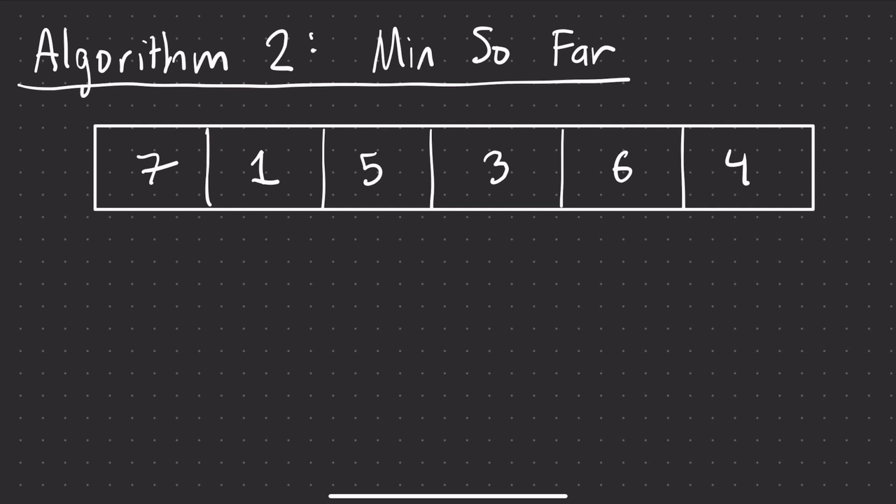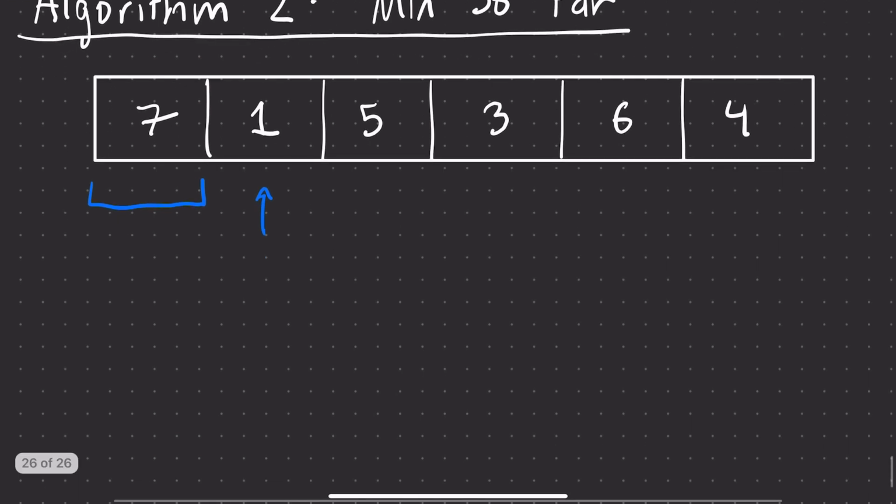Okay, so the reason that this is linear time is because we are updating our minimum value so far as we go. So we start at this value, and initially the minimum so far is just 7, right? And this doesn't make any profit. But now, when we move to checking the value 5, we update the minimum that we've seen so far by including checking with the 1, right?